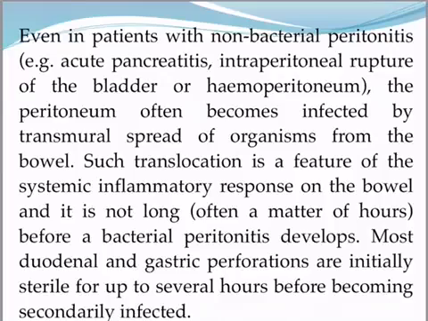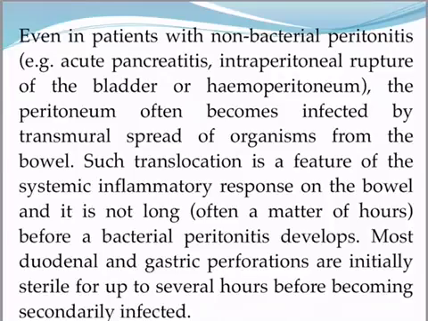As we said, the most common cause is bacterial peritonitis, but in a subset of patients there will be non-bacterial peritonitis. Example, acute pancreatitis, intraperitoneal rupture of the bladder, the urinary peritonitis, or the presence of blood in cases of hemoperitoneum.